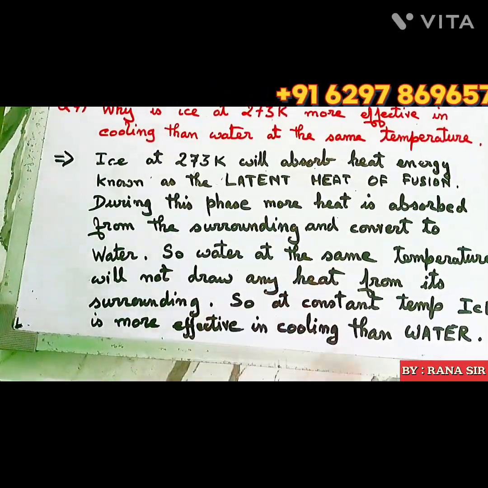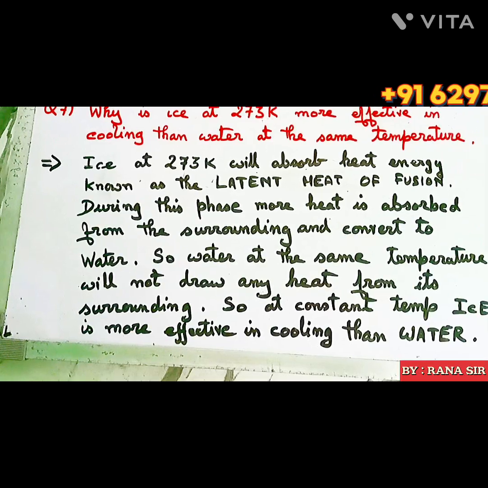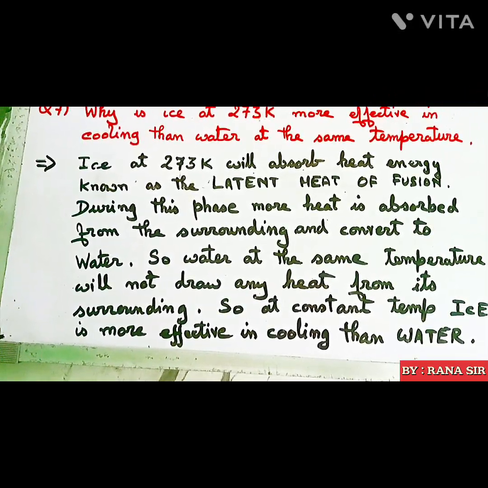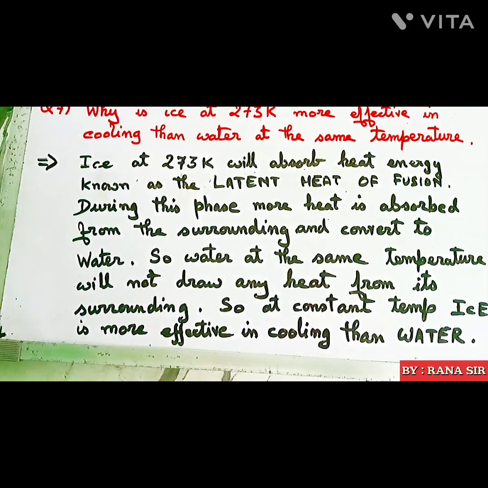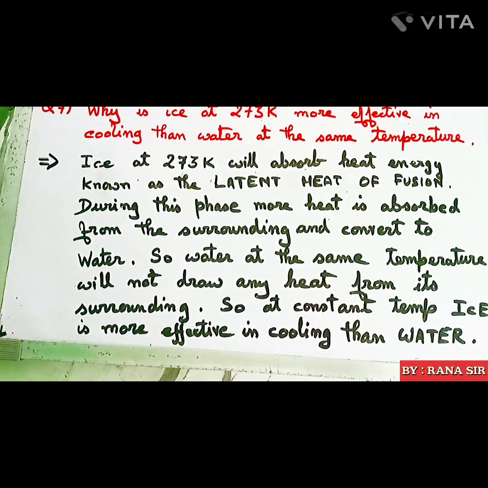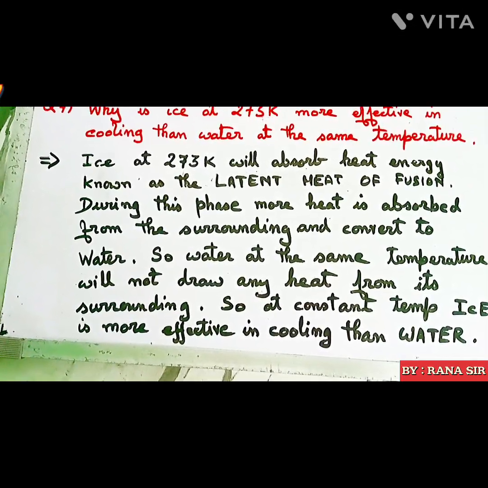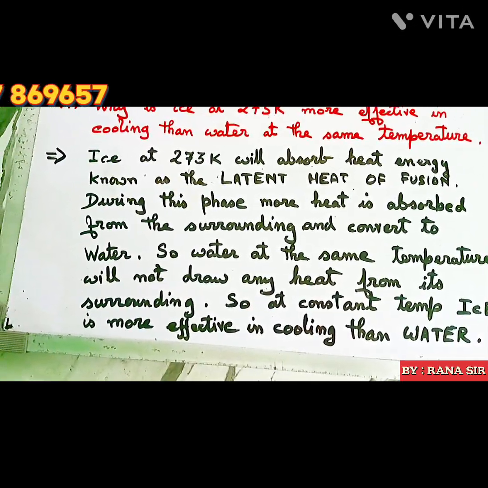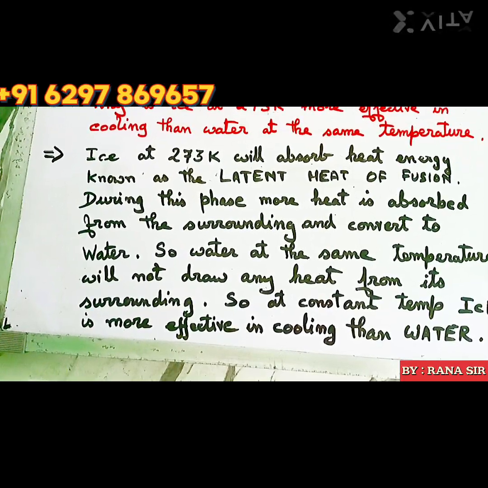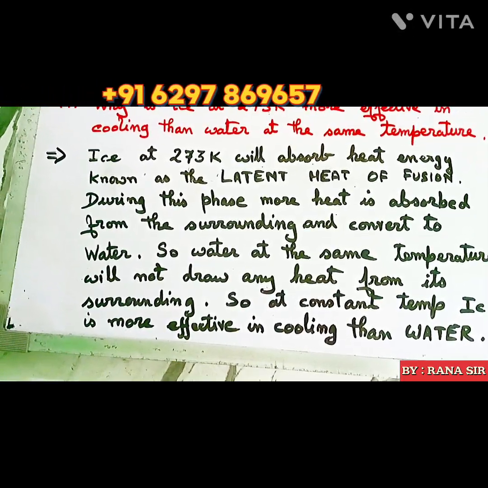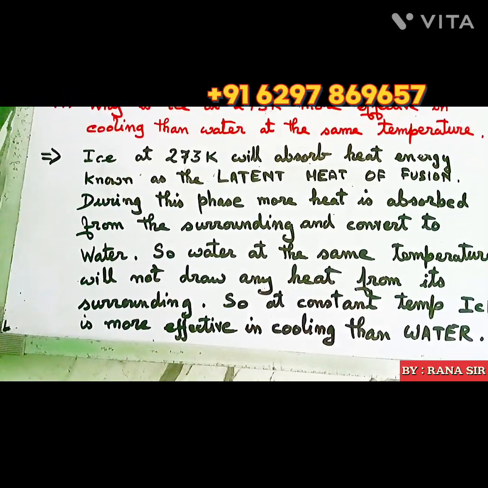Latent means it is a hidden heat where temperature is not affected, but this heat is used to convert. So ice takes this heat from the surroundings and converts it to water.